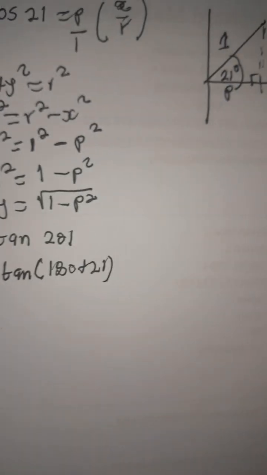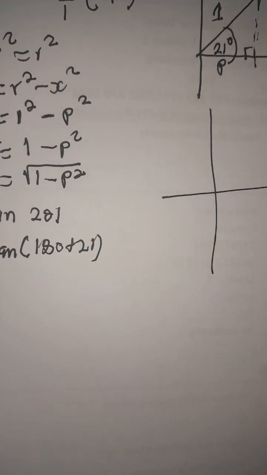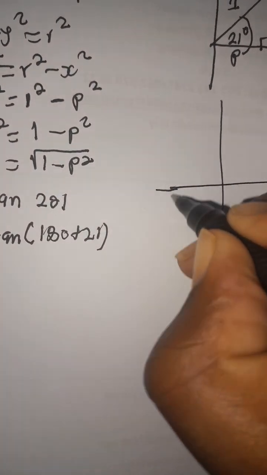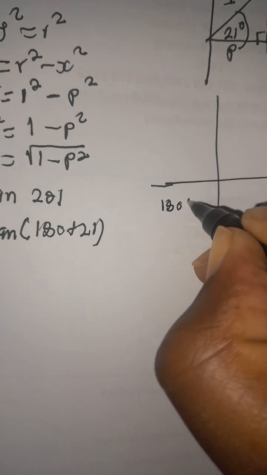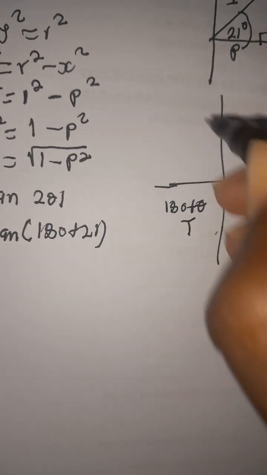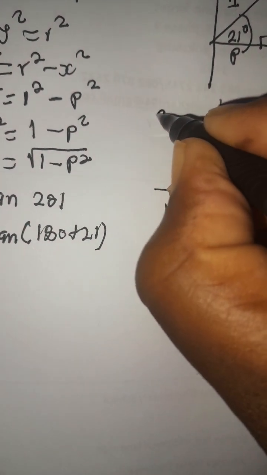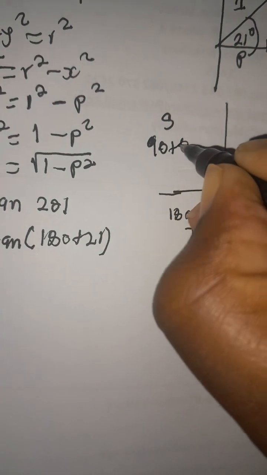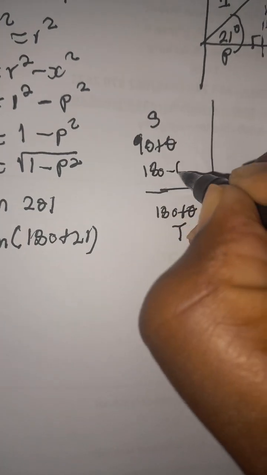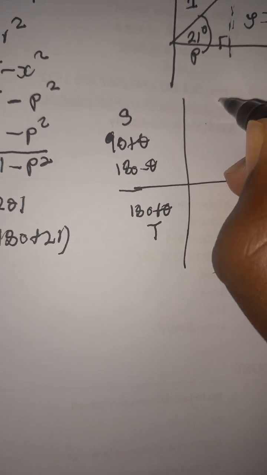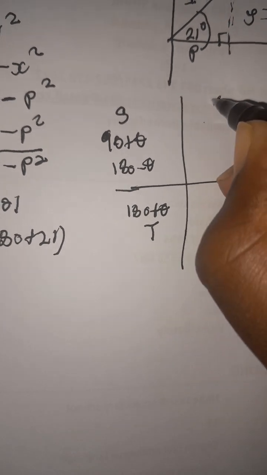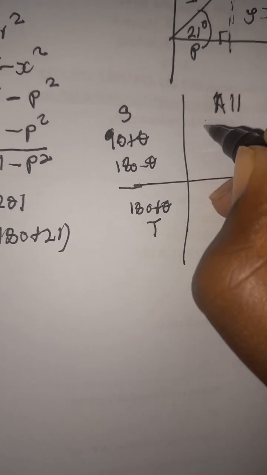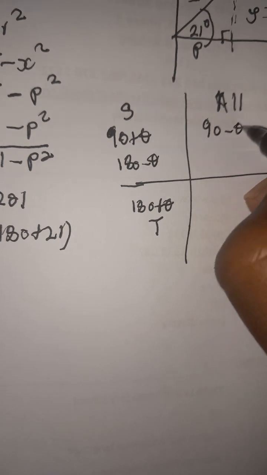We know from our CAST diagram, and it is very, very important to know your CAST diagram, that the third quadrant is the home of tan, in which tan is positive. On the second quadrant it's the home of sine, meaning 90 plus theta as well as 180 minus theta. For the first quadrant, that will be all, in which we have 90 minus theta.